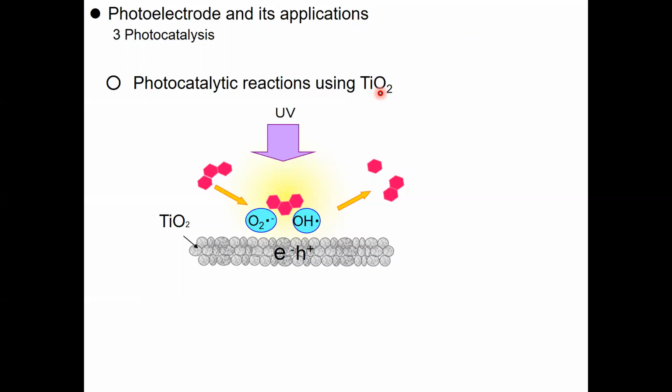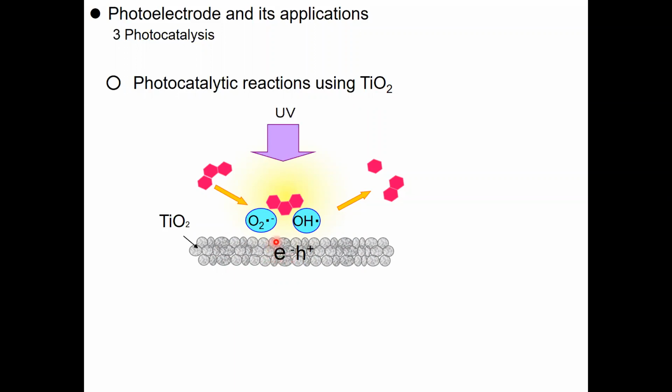So what happens here is if you have some TiO2 or semiconductor materials, and light is illuminated on the surface, electrons and holes are generated, same as in the water splitting case.